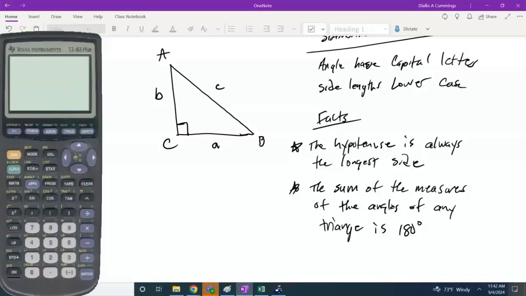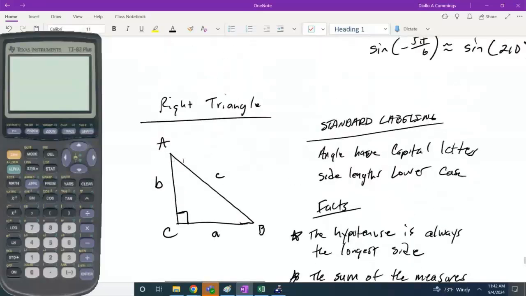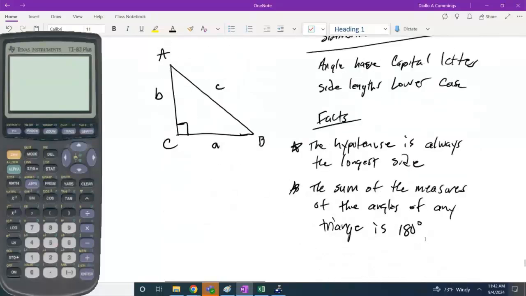So what that means is if you were to add angle A plus angle B plus angle C, they should always give you 180 degrees. All right.